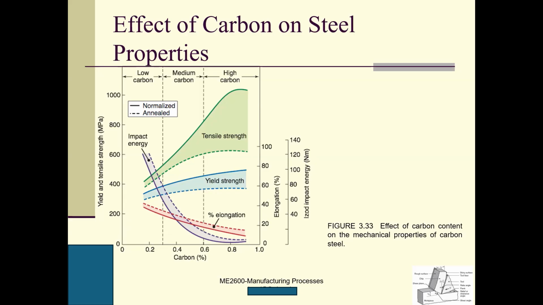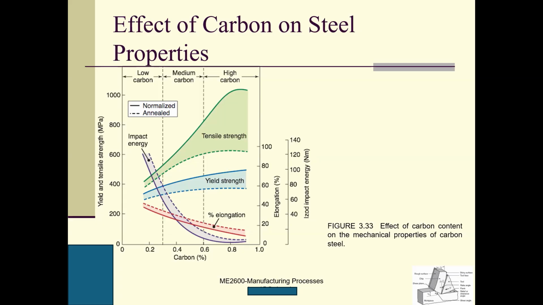Then we increase the carbon content. But if the carbon content is very high, that is another story. Don't go to two extremes. This is one extreme, pure iron, and this is the other extreme, pure carbon. Pure carbon cannot be used for industry purposes.